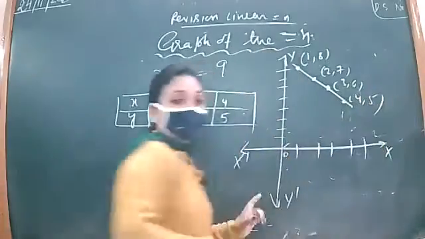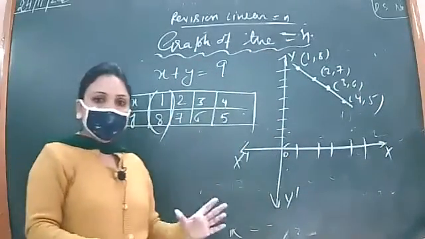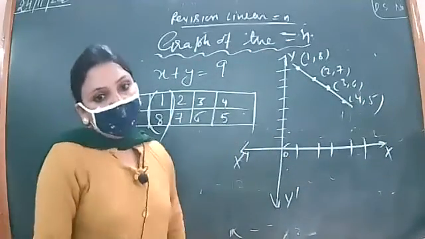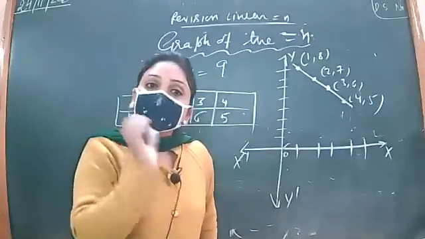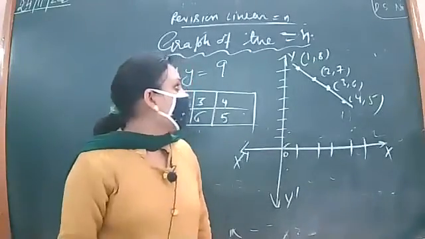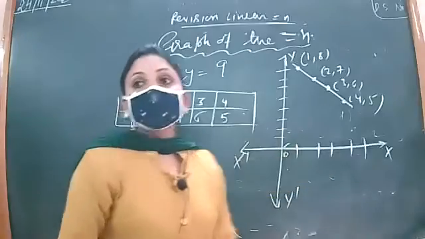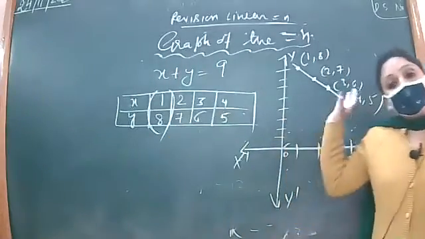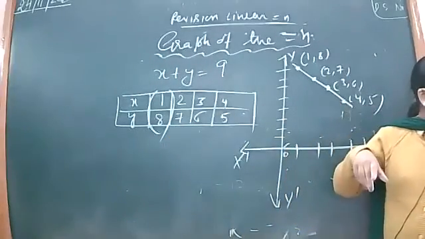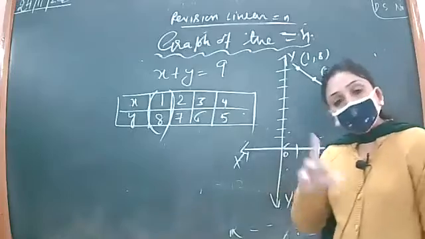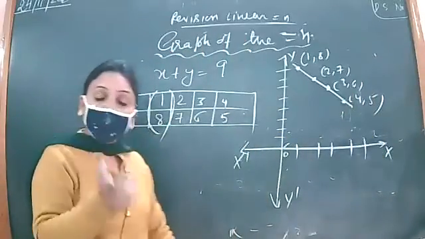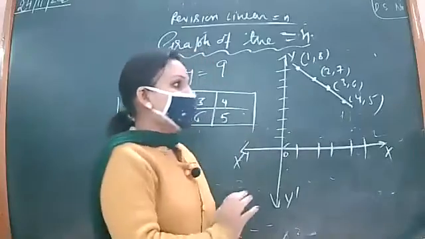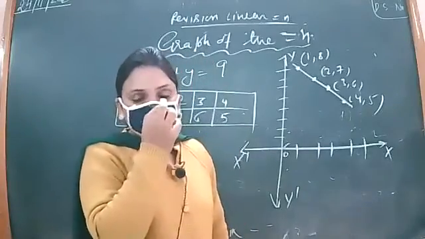So we observe that every solution of an equation always lies on the graph of the equation. And vice versa, if a point lies on the graph, it will be a solution of the equation. Both are true statements: a solution lies on the graph and a point which lies on the graph is a solution of the equation.